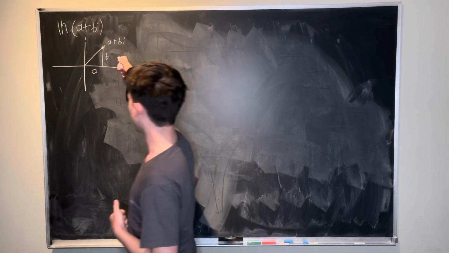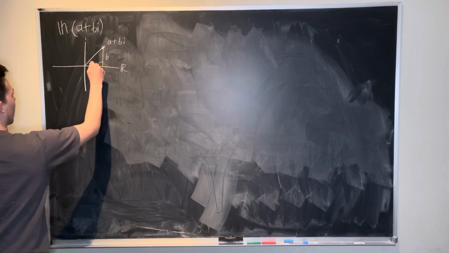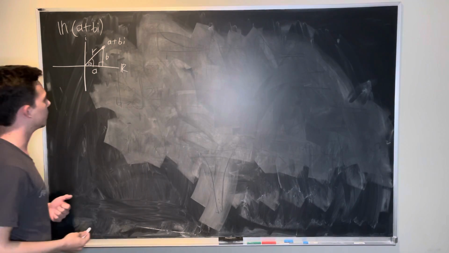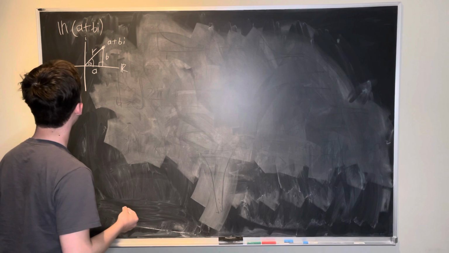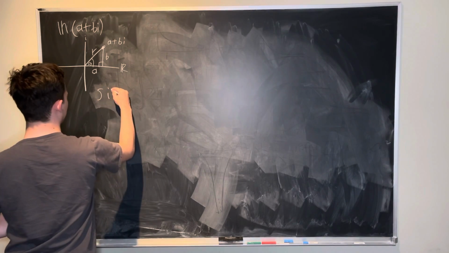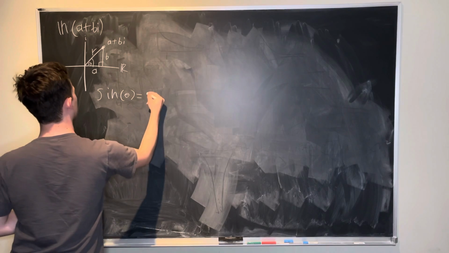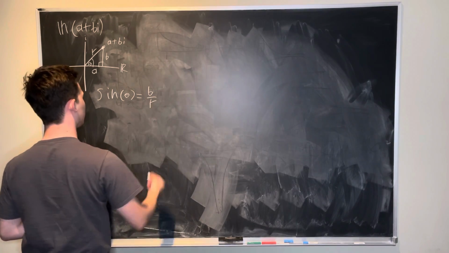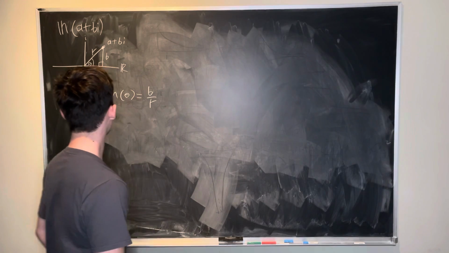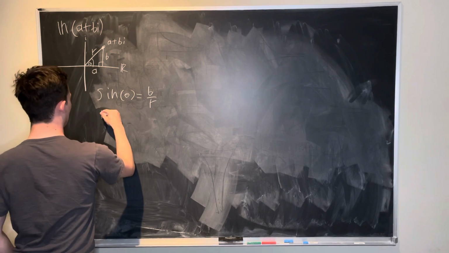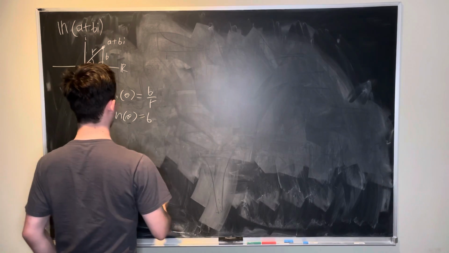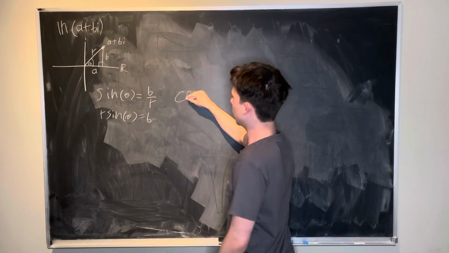So let's take this right triangle, and it has an angle theta and some distance with that hypotenuse r. So here's what we do. We take the sine of theta, which is equal to b over r. We multiply both sides by r, yielding r sine theta equals b. We do the same thing with cosine.